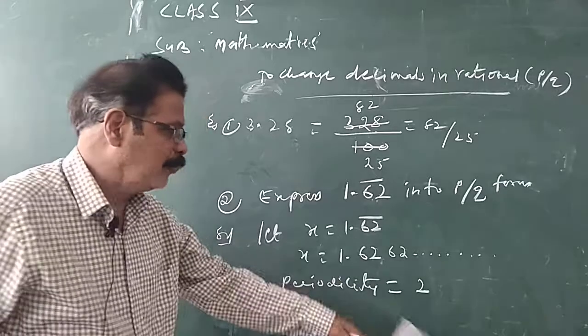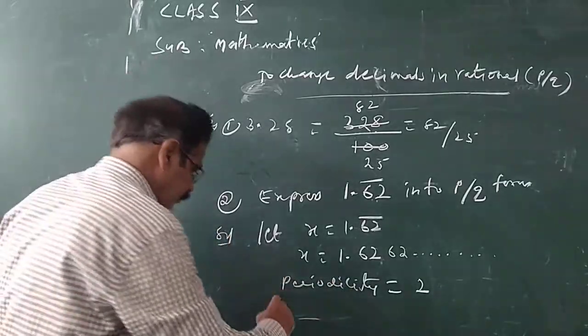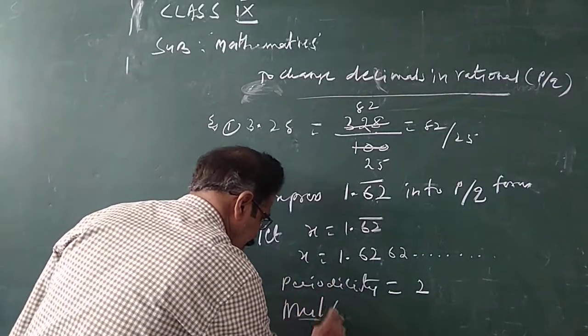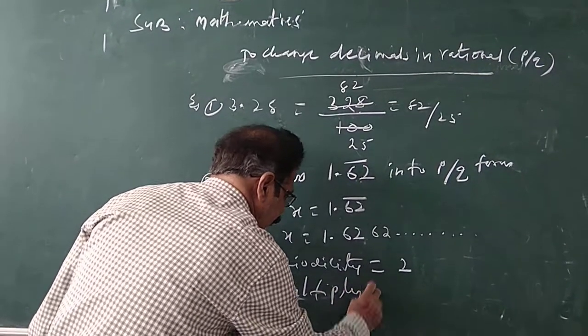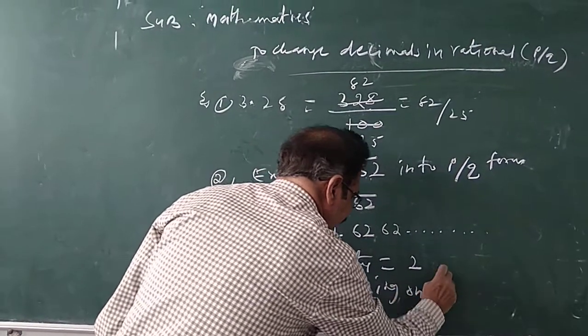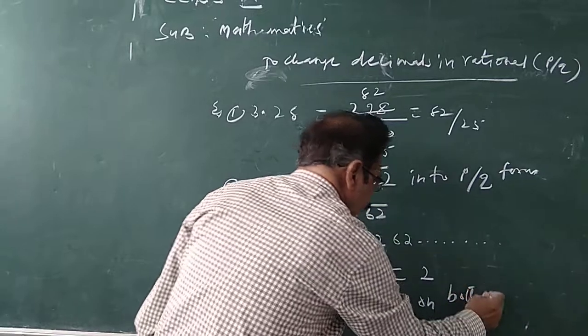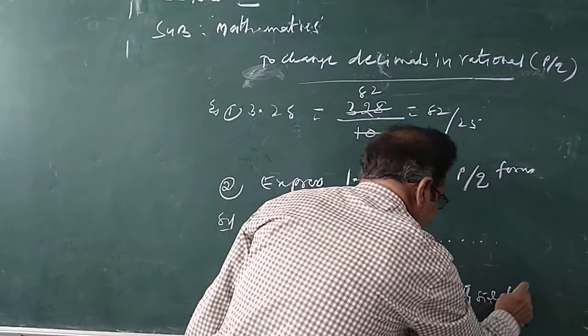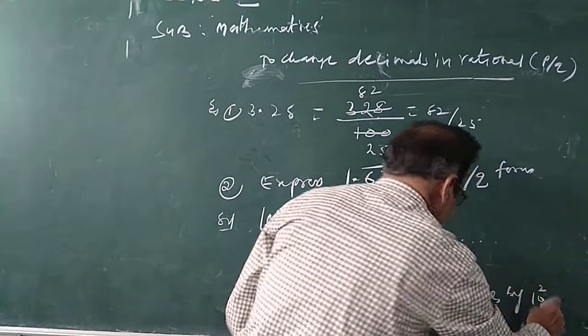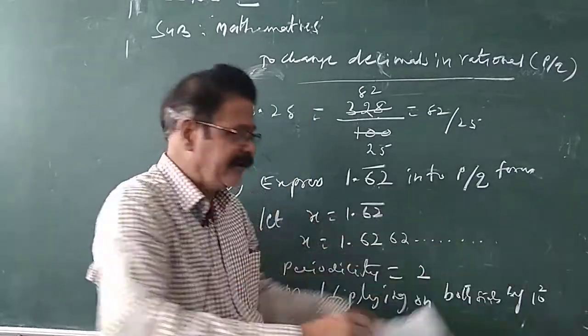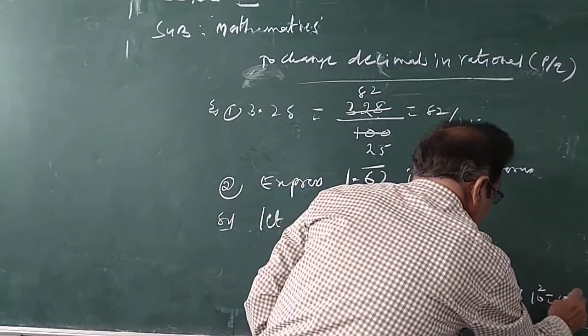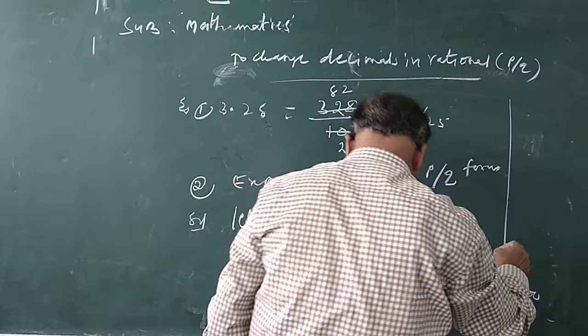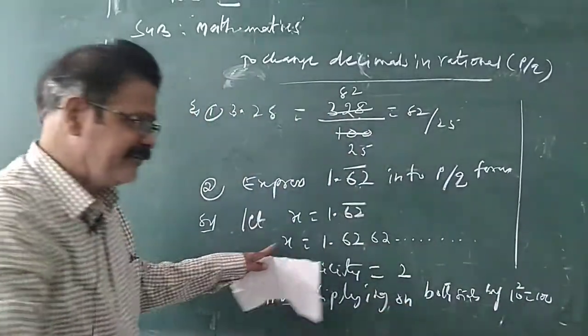So here periodicity is 2, so you have to multiply on both sides by 10 square. If the periodicity is 3, 10 cube. 10 square means 100. Both sides, LHS and RHS.